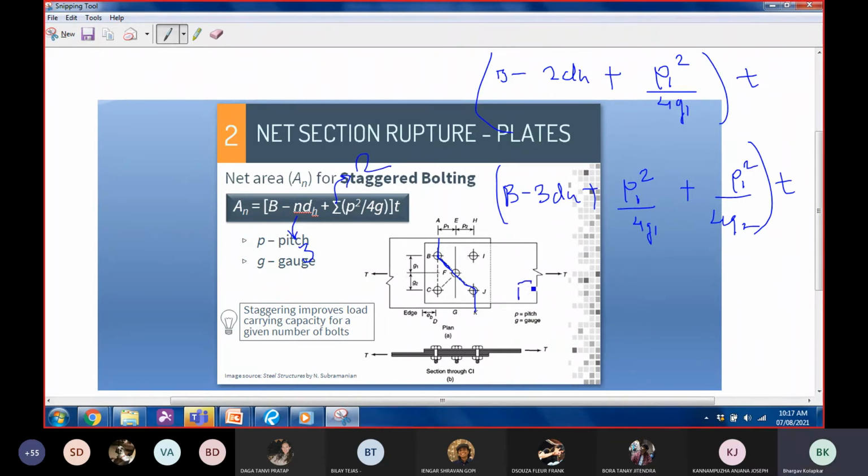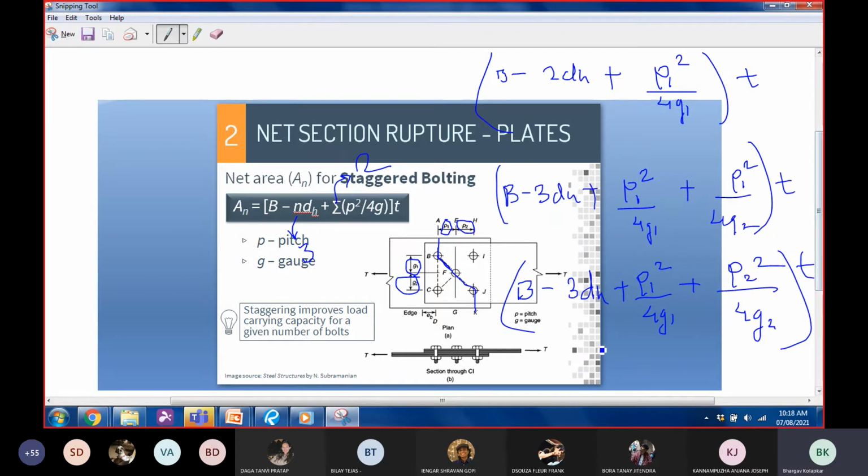So the formula would now look something like this: B minus 3 times DH plus the first stagger has a pitch of P1, gauge of G1, so P1 square upon 4G1. The next stagger has a pitch of P2 and a gauge of G2, so P2 square upon 4G2, and we multiply this entire thing by thickness of the plate, and this is how we get the net area.